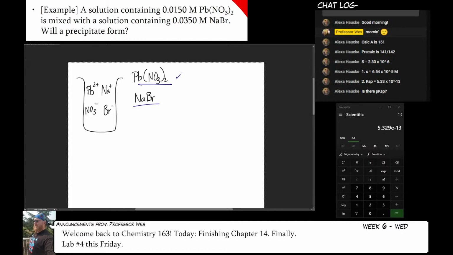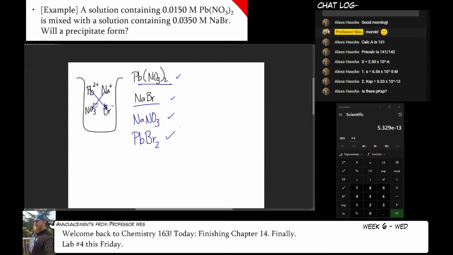So these are all possible substances that will form. I will never form a substance between the two metal cations, so I'm not going to make PbNa. That's not a thing that'll happen. They're both positive. They won't make an ionic compound. But I could form the opposites, right? So I could do NaNO3 and PbBr2. So those are the 4 possible compounds that could form.